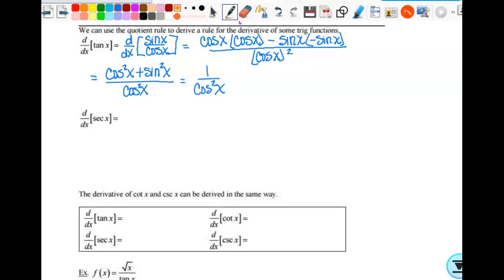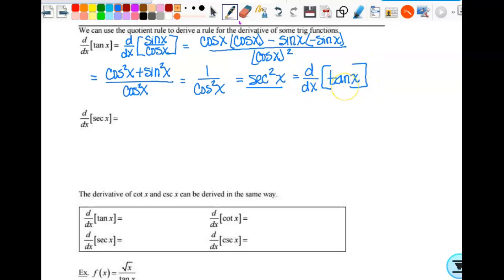What is the reciprocal of cosine? Secant. So this is secant squared x. That is the derivative of tangent.